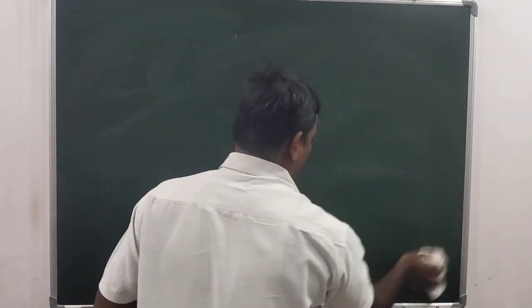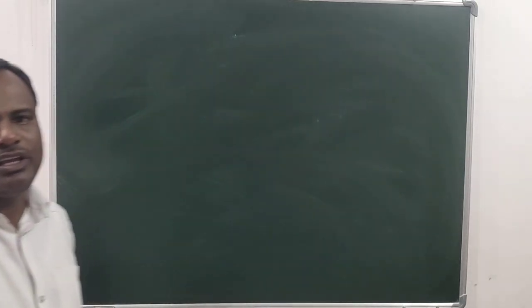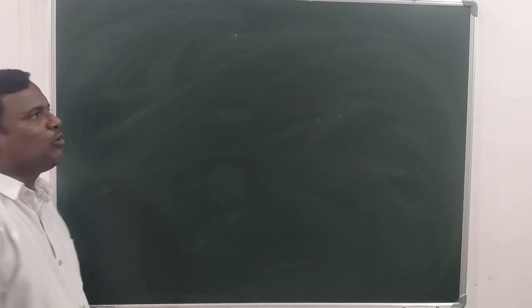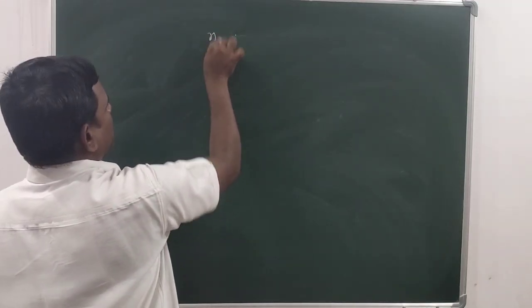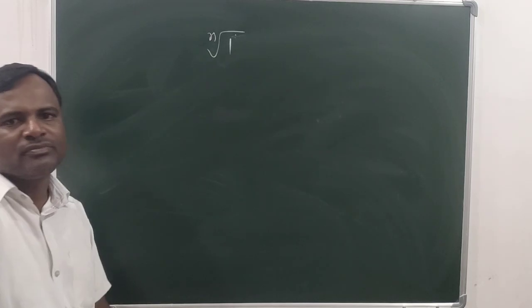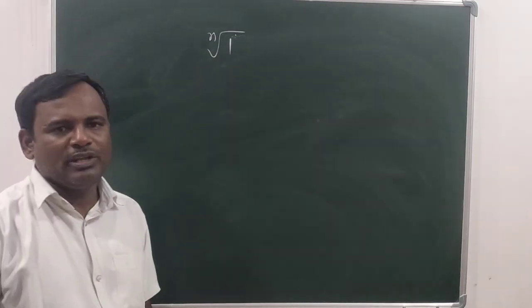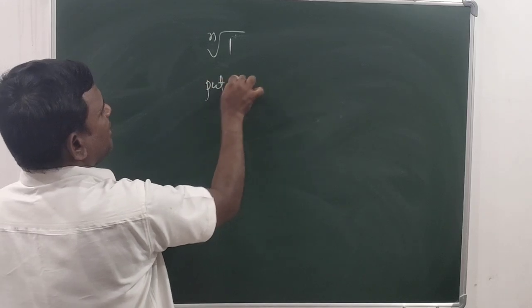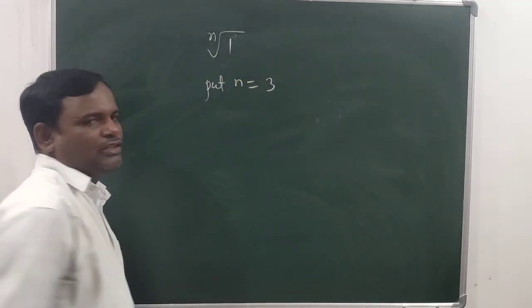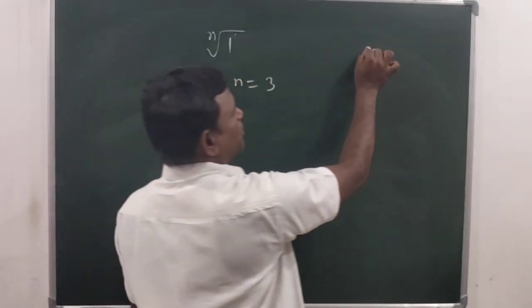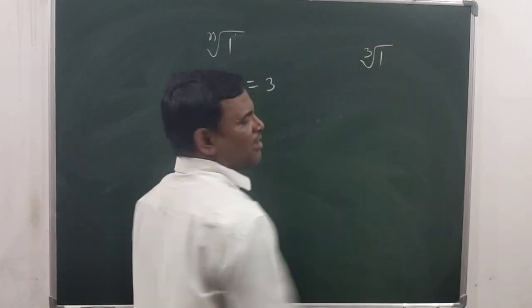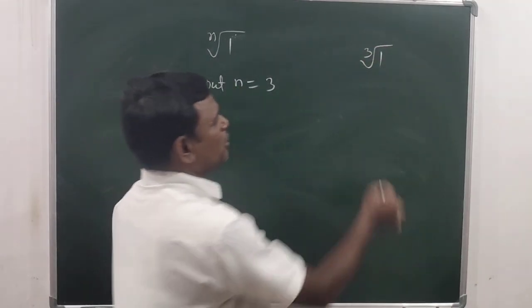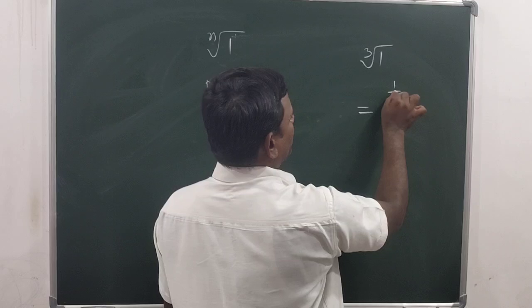Suppose in the cube root of unity, nth root of unity, if you write n equal to 3, we are discussing nth root of unity. In place of n, if we take n equal to 3, what do you get, students? Cube root of 1. So this cube root of 1 you can write as 1 power 1 by 3.